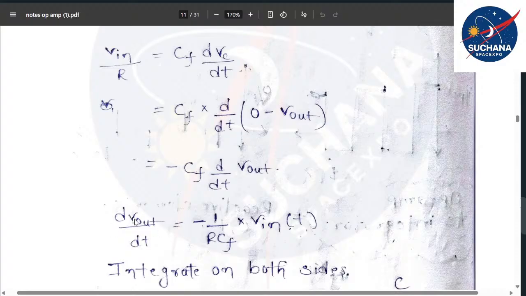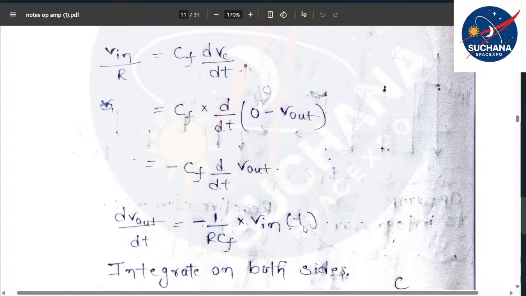So by rearranging I get dV out by dt is equal to minus 1 by R into CF, the feedback capacitance, into V in of t. Here t is not another variable multiplied with V in. I'm just indicating that the input voltage is a function of time.